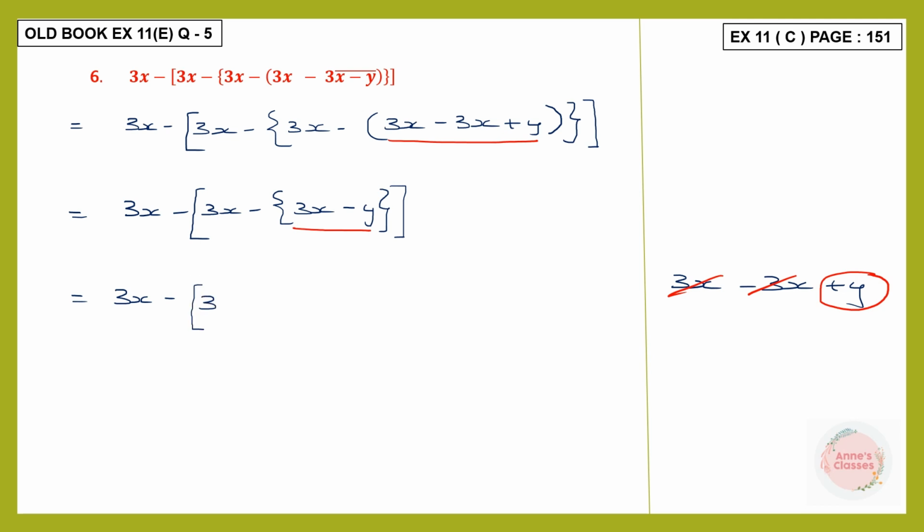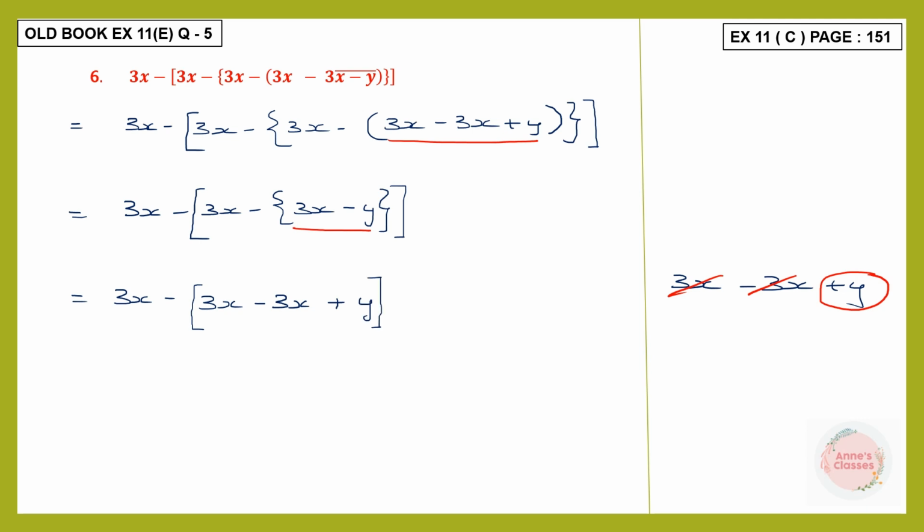Again 3x minus, now here we're going to work this out, 3x minus y, you cannot simplify it further. So we change the signs because we have a minus sign here. So plus 3x becomes minus 3x and minus y becomes plus y. So we've removed the curly brackets.